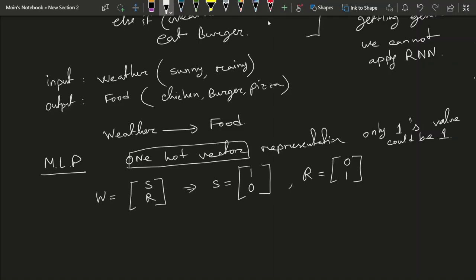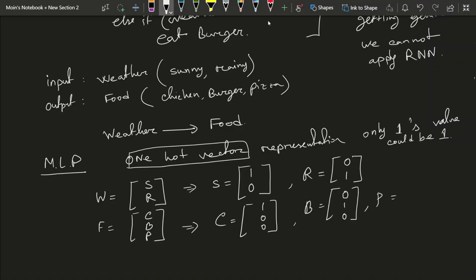And for the food matrix, for short form we are using C for chicken, B for burger, and P for pizza. Chicken will look like 1 0 0, burger will look like 0 1 0, and pizza will look like 0 0 1. This format is known as a one hot vector representation of the variables.